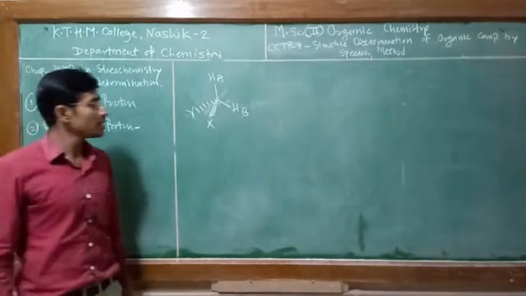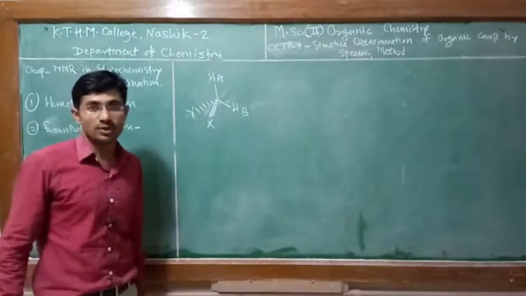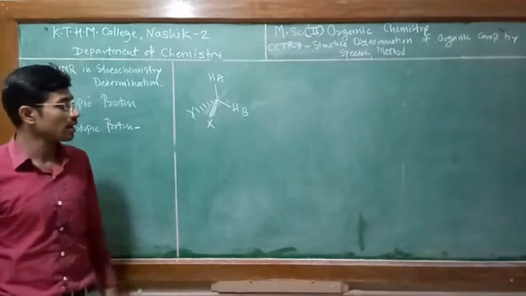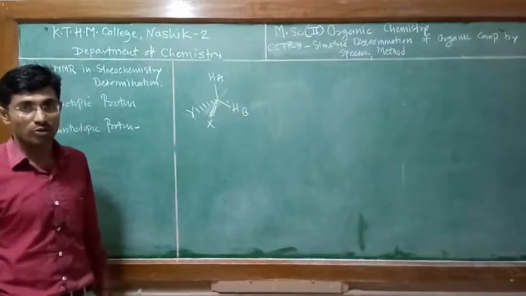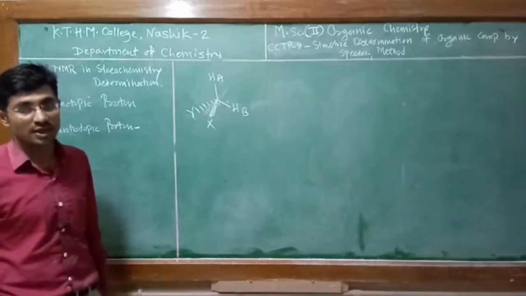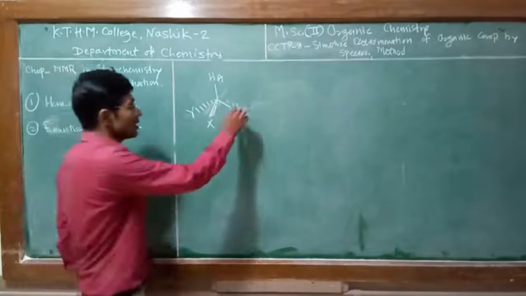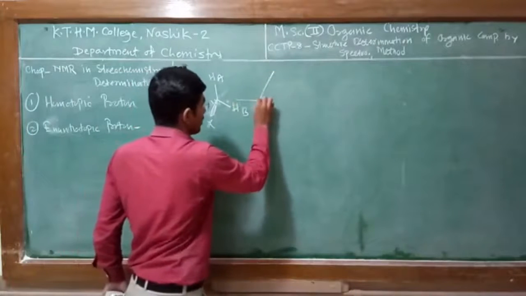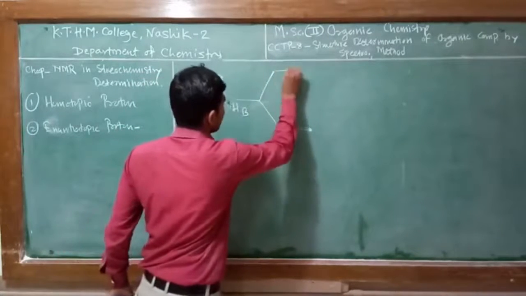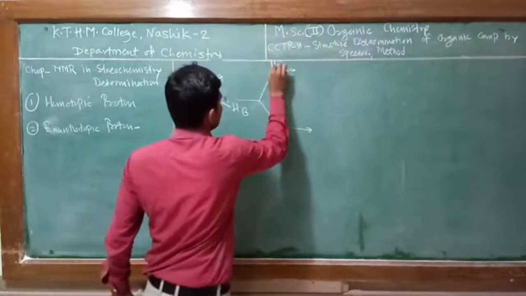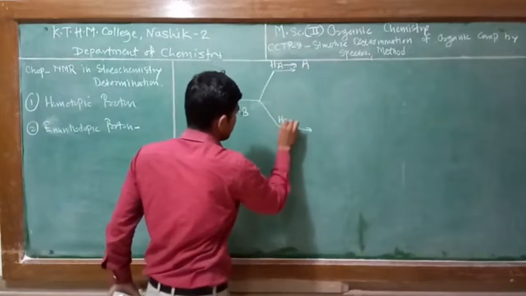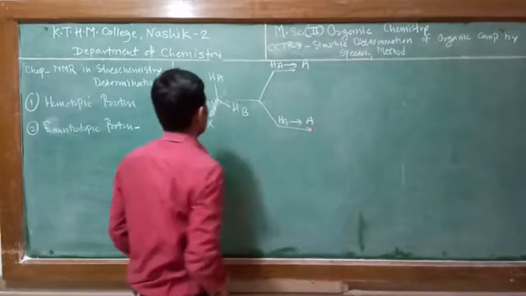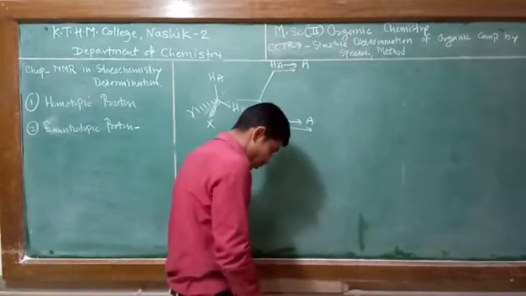Again, to recognize whether the methylene protons are enantiotopic, diastereotopic or homotopic, we perform the same kind of test, the substitution test. For this I replace the HB proton by the atom A, and I get a molecule like this.